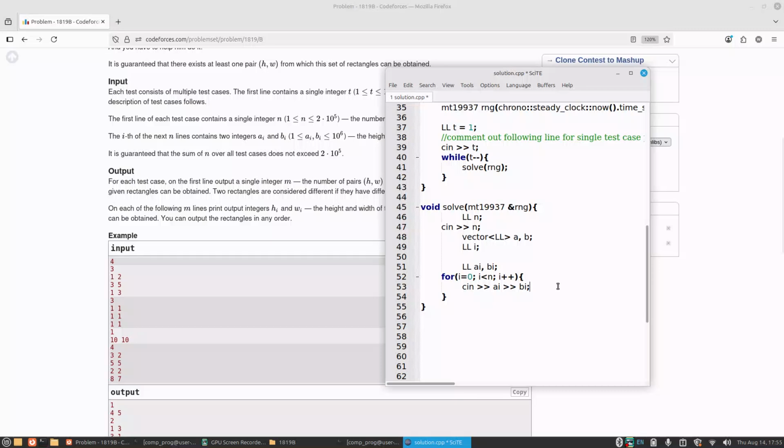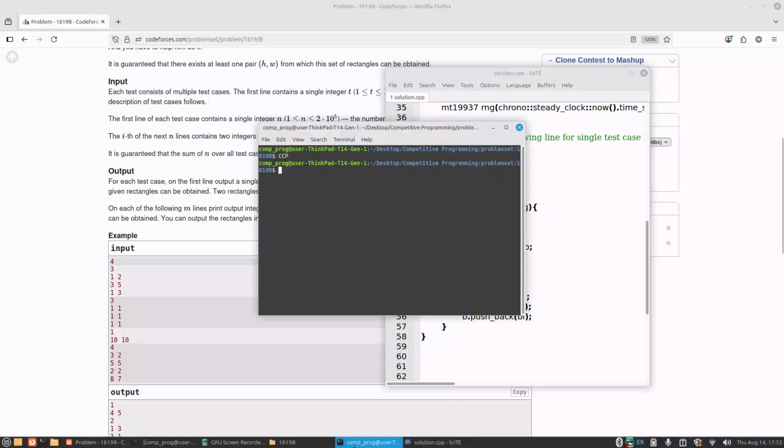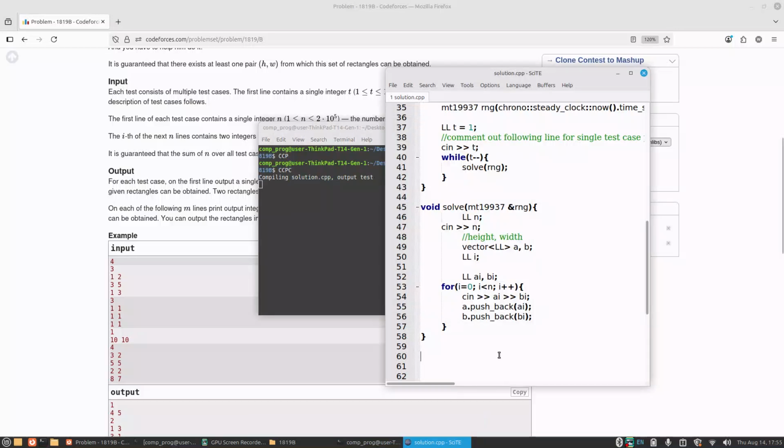And then I'll just height, it doesn't really matter, but okay. And then we have that, and A pushback, AI, B. Yep. And that should compile. So I guess the first thing we do is we calculate the area. I guess we can do that in this loop.